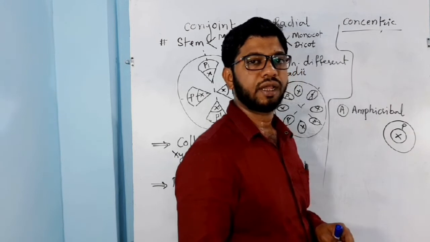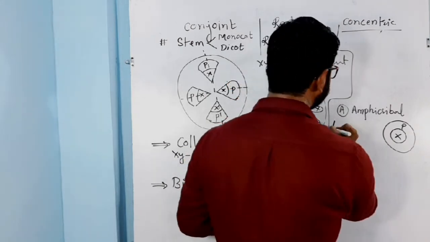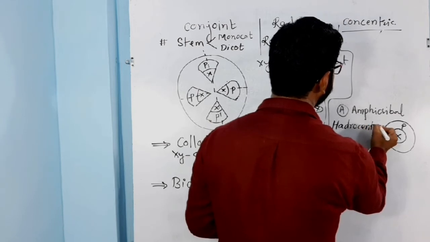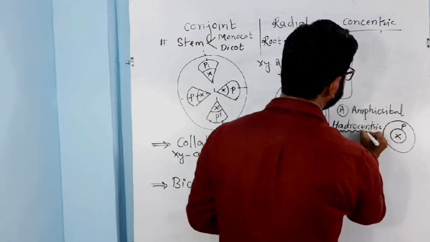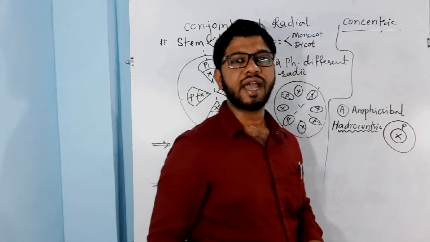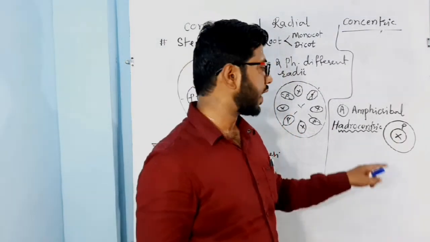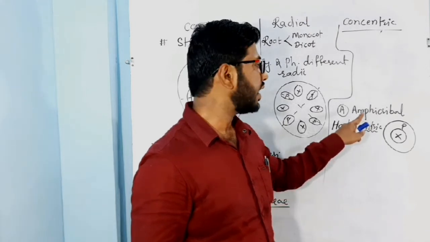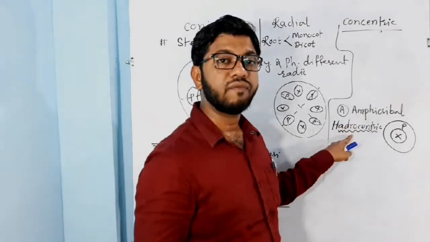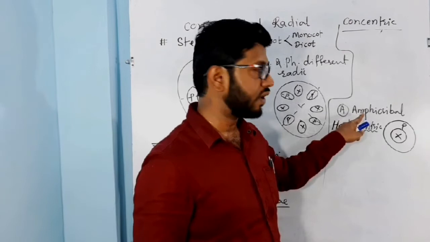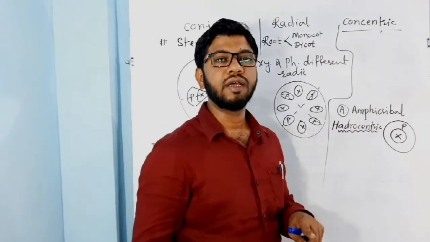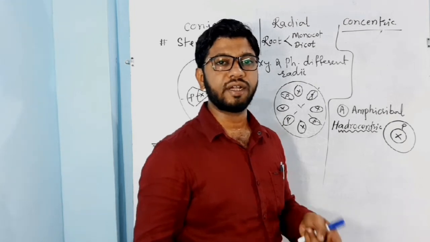Amphicribal vascular bundle is also called heterocentric vascular bundle. Heterocentric. Hetero means xylem. As xylem occupies the central position, it is called heterocentric. And amphicribal or heterocentric vascular bundles occur in the pteridophyta.